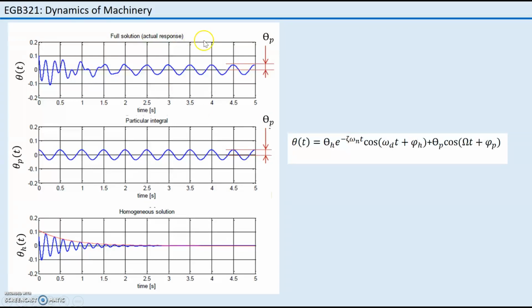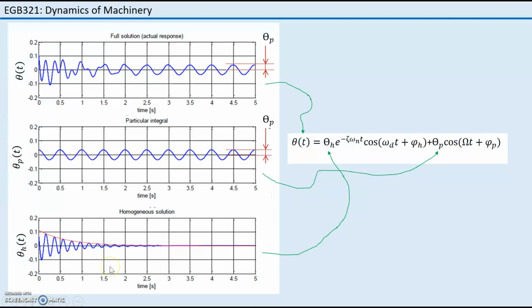This curve represents the forced damped vibration motion, and this curve represents the particular solution of the vibration. This is the steady state and it will continue, while this part is the transient solution or homogeneous solution, which will fade away eventually.